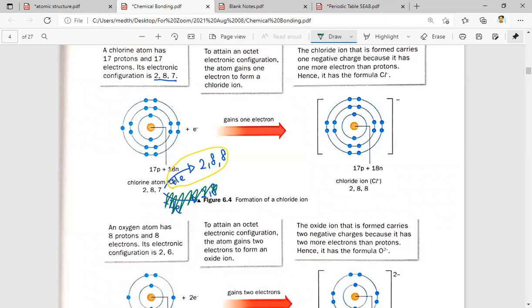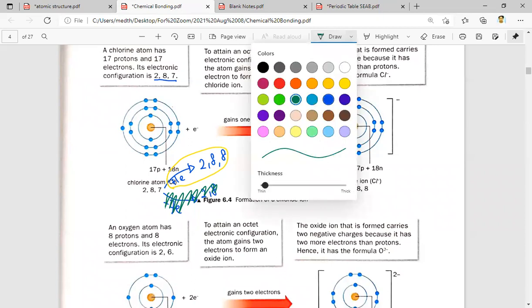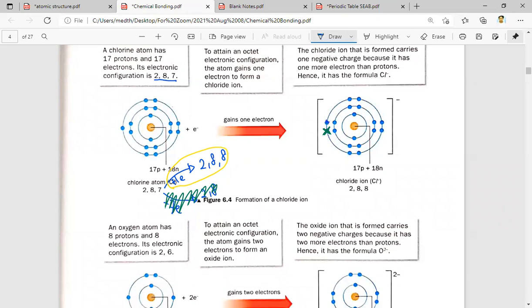Now, I want you to take note in the diagram here. I want you to convert one of these circles into an X. Why do I want to change one of them to X? Initially, the outer shell has 7 electrons. So you count the blue dots: 1, 2, 3, 4, 5, 6, 7.